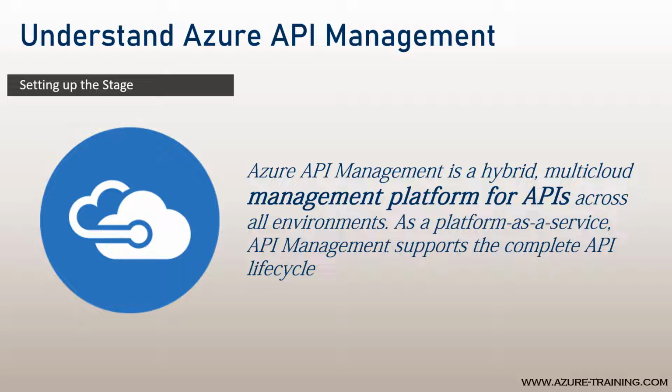It provides you with all the essential tools needed for end-to-end management of APIs, ensuring that you get optimal performance, track usage, enforce policies, authentication, and much more, which we'll be seeing later in the course.